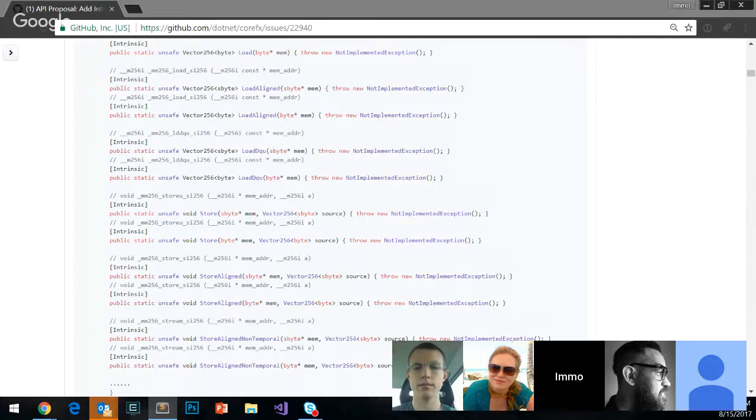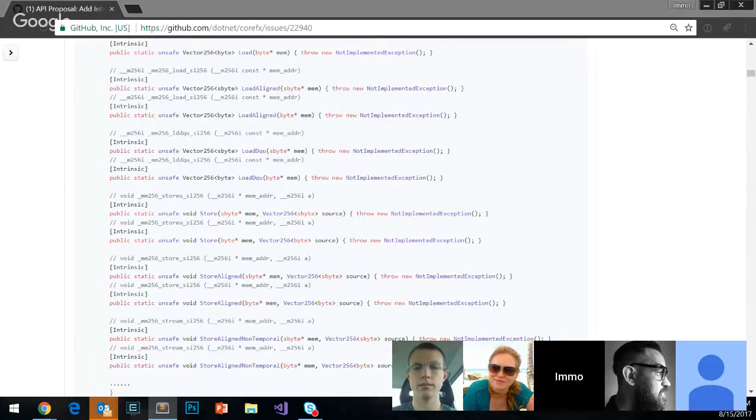Any other comments? So I would add, I know if it's cost, why would we not add overloads for span for the ones that don't care about alignment? No, it's just a method that basically pins the span and calls the unsafe method.